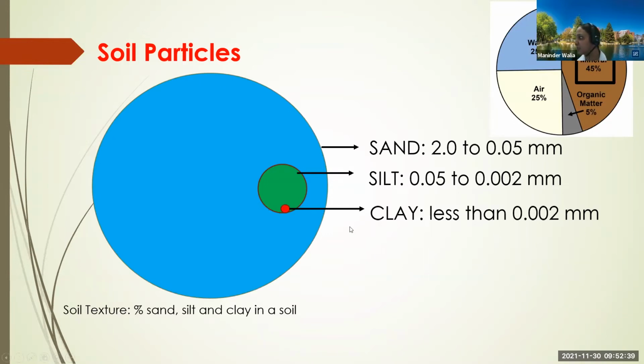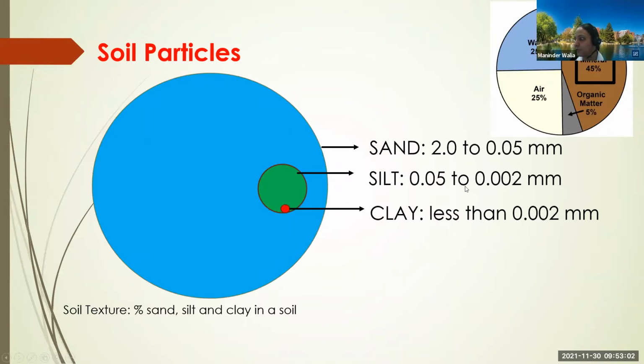The smallest particles are the clay particles, classified as having a diameter of less than 0.002 millimeters, and they feel sticky upon touching.